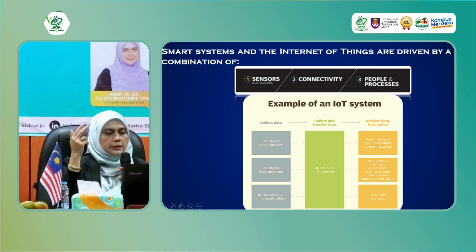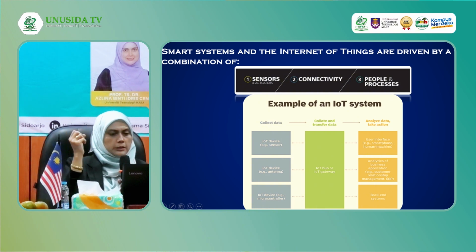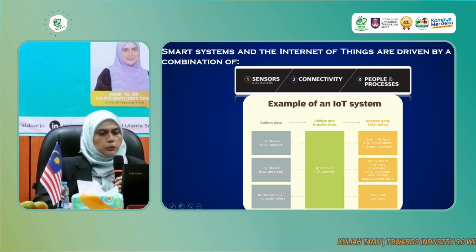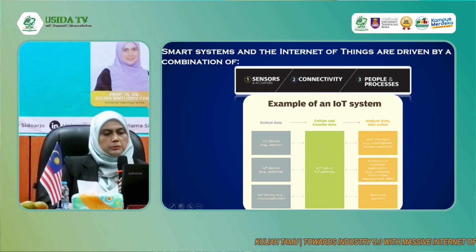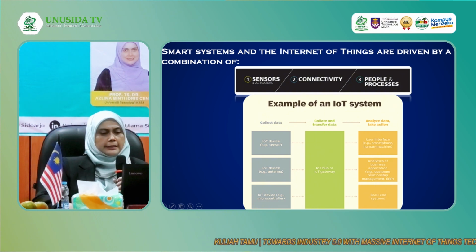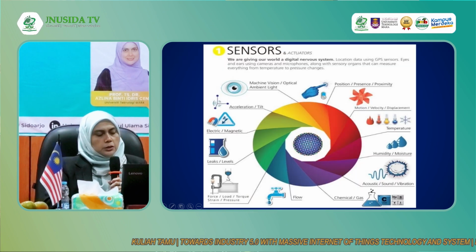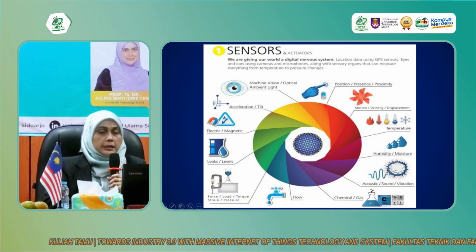And then the collected data will pass through the transceiver, which will collect and transfer the data by using the IoT hub or IoT gateway. And lastly, the data will transfer to the user interface, for example, smartphone, human machine, or something like that, to analyze the data.